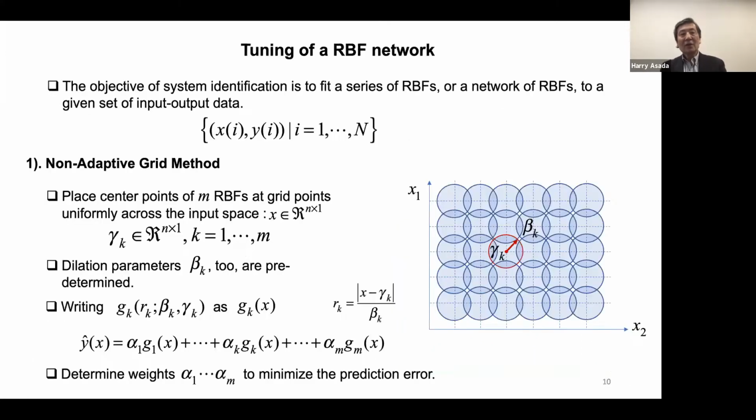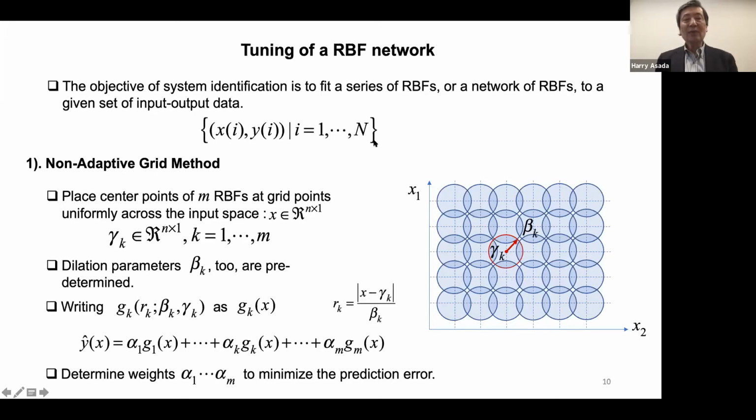Okay. So, tuning of a radial basis function network in the system identification or machine learning context: we're not given the nonlinear function g naught, but instead we are given input to output data, such as the x i, y i pairs, i equals 1 to n.